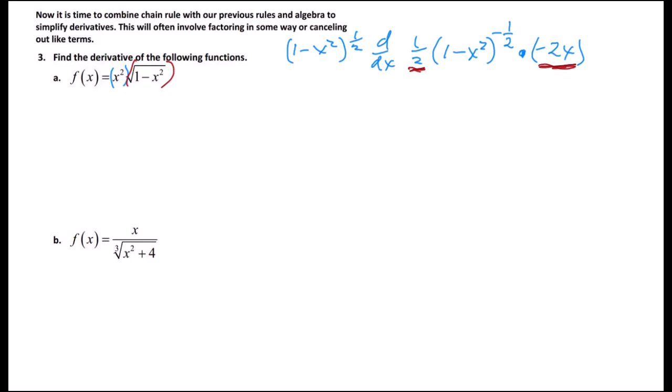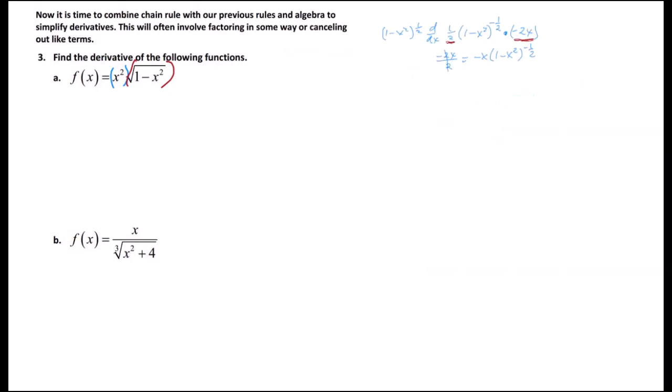When I do that, I get negative 2x over 2. My 2's will cancel, which just leaves me negative x. Now that's times the rest of this here. So that's going to be times 1 minus x squared to the negative 1/2. That's the derivative of the second function. So I just shrank that down some so it'd be out of the way. That's the derivative of our second function right here.